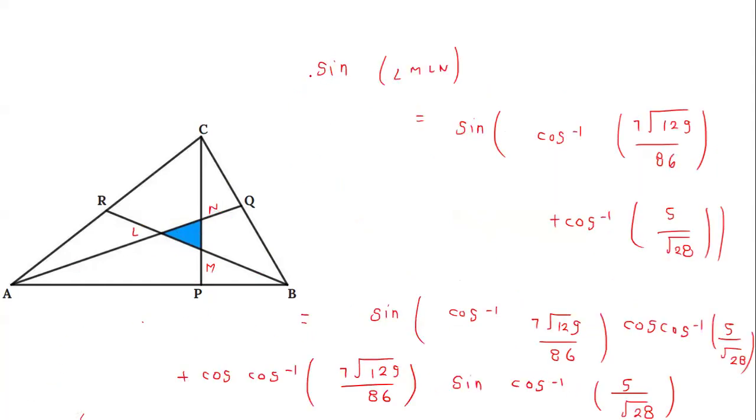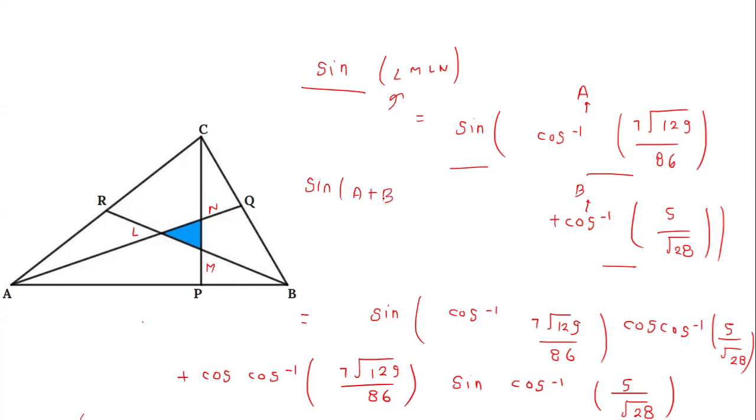Now you can take the sine on both sides. So it is sine of this is equal to sine of this plus this. So it is like sine of A plus B. What is sine of A plus B?